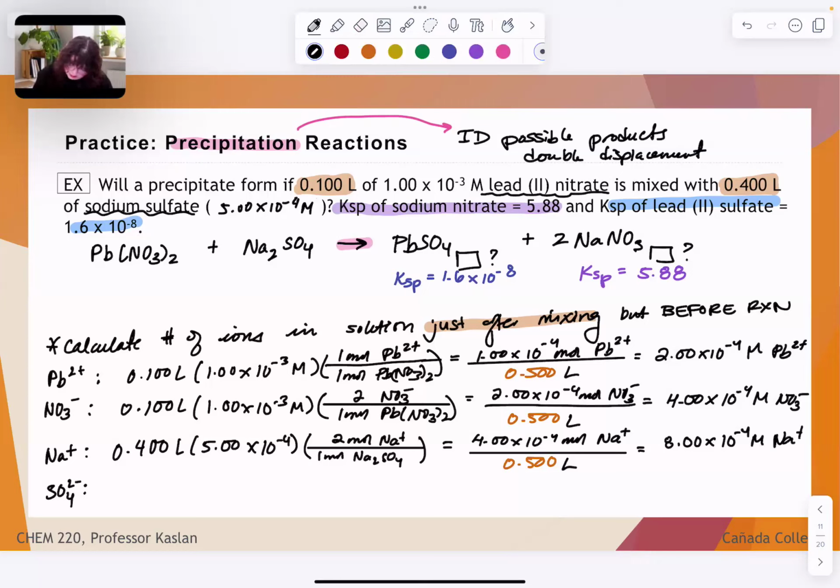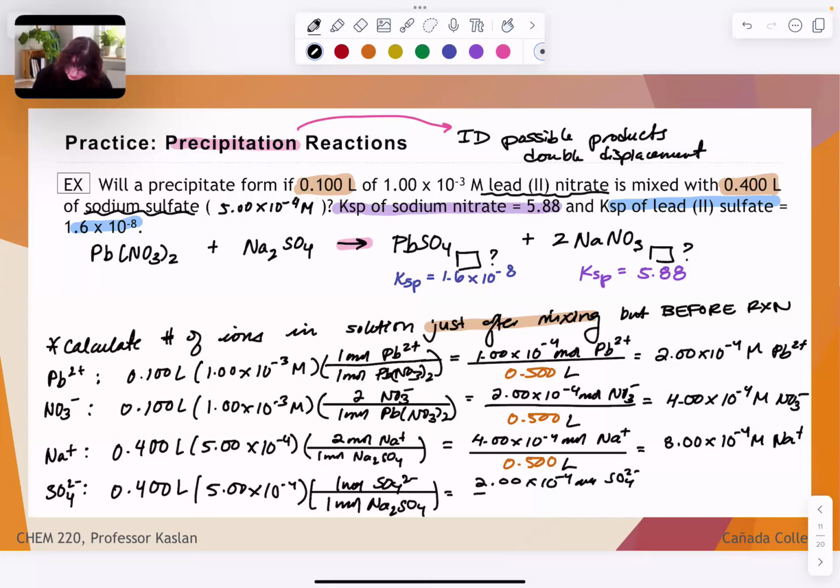Molar Na+, and then we can do the same thing, knowing that our sodium sulfate has a 1-to-1 between the salt and the sulfate. So that's going to be 2.00 times 10 to the negative 4 moles of sulfate over our total volume. Okay, this is going to be half as much.